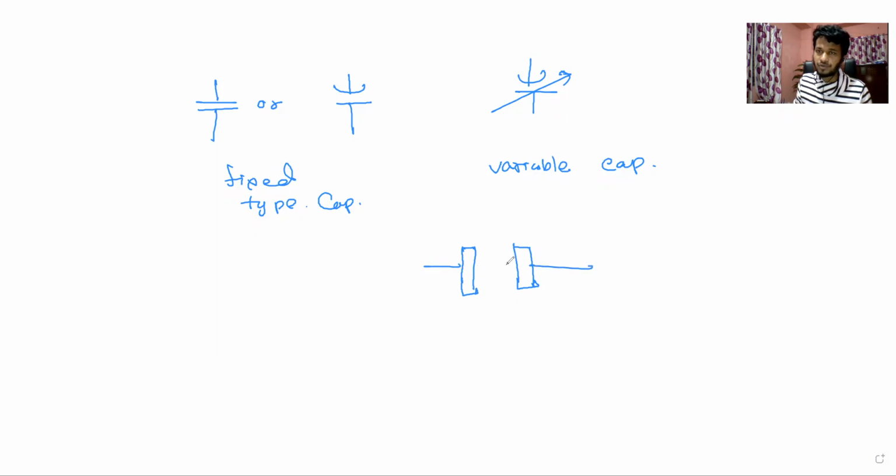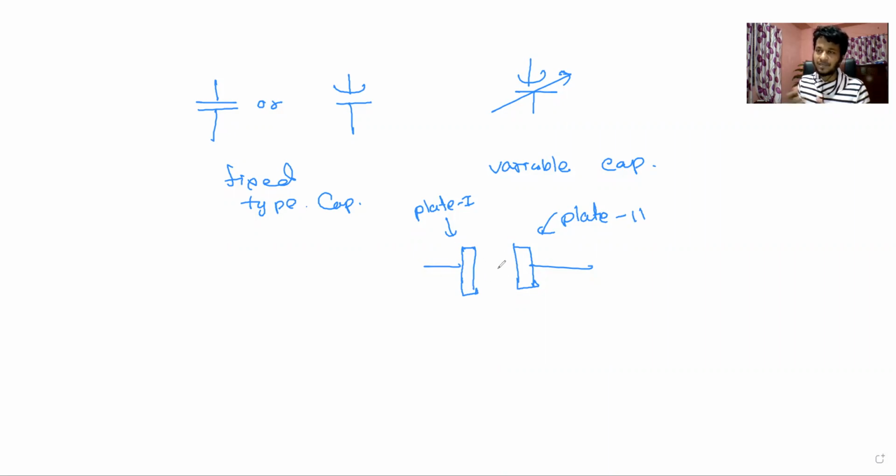Between these two conductive parallel plates, suppose this is plate 1 and this is plate 2, there is something called a dielectric medium.